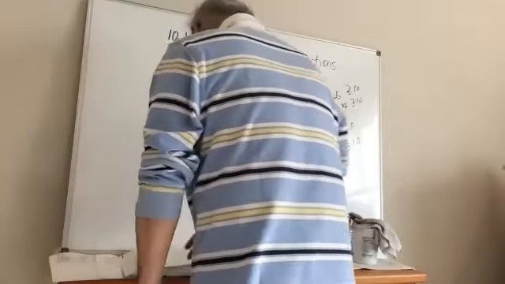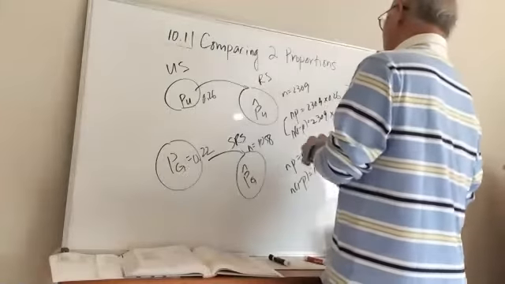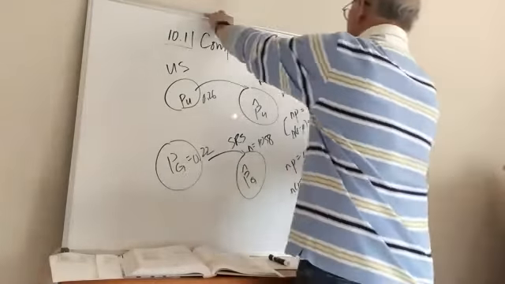Flip the page. And now we're going to do the actual constructing of the confidence interval. It's the same as before, same as we did the other one, right? Our mean is going to be P1 minus P2, right?